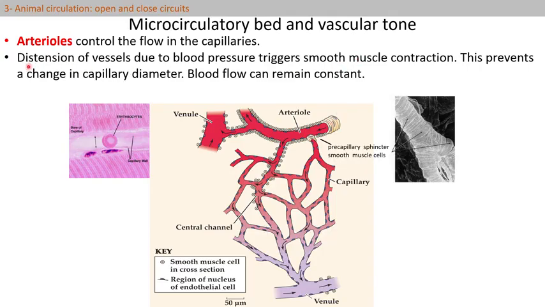How is that done? Well, if there is distension of vessels due to, let's say, blood pressure, that will trigger smooth muscle contraction, and you see that around the arterioles there are smooth muscles. And what that means is that normally, if there's no external physiological signals, the diameter or the radius of those arterioles and capillaries will remain fairly constant. And if it's constant, then blood flow can remain constant.